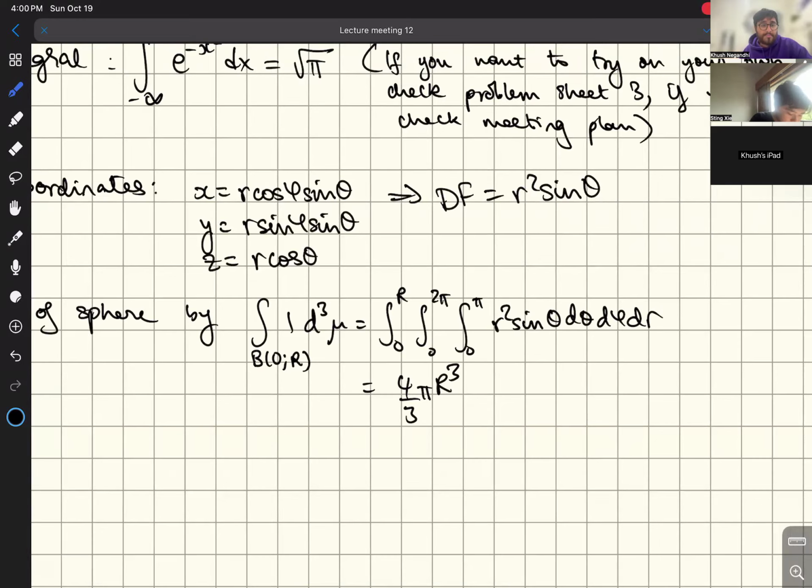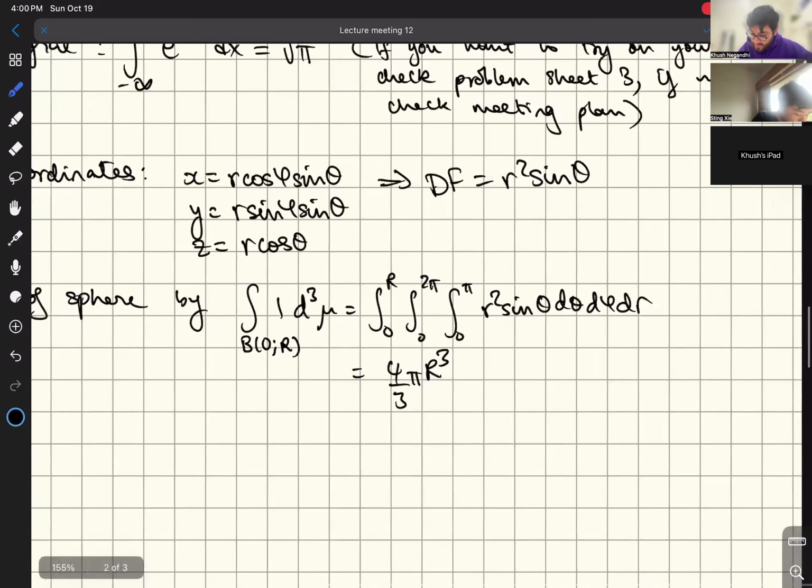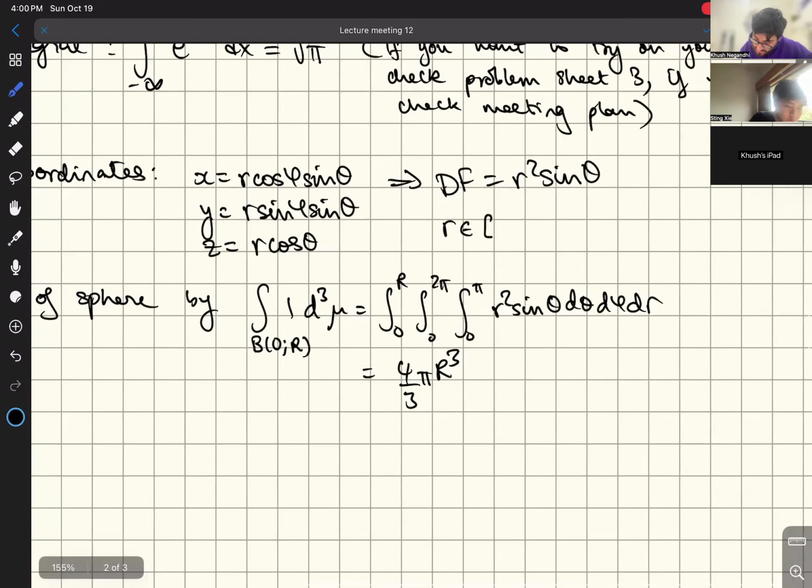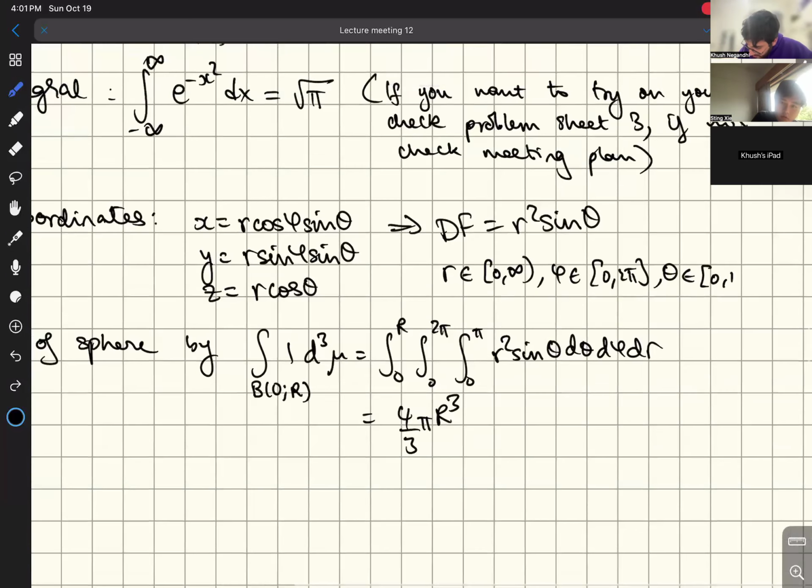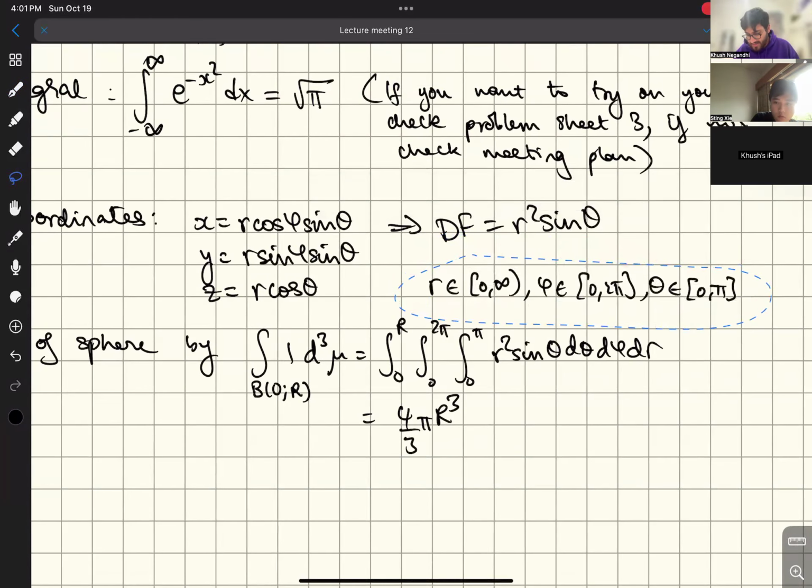Okay, I forgot to mention the domain. So r comes from 0 to infinity, phi comes from 0 to 2 pi, and theta comes from 0 to pi. If you haven't seen this before, don't worry. You'll see it in E&M courses.